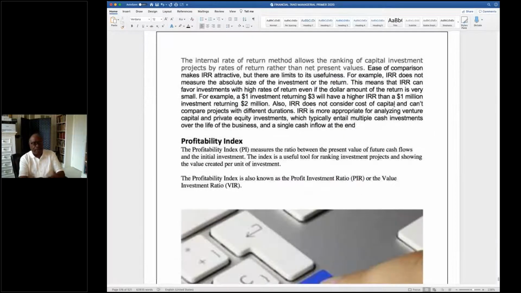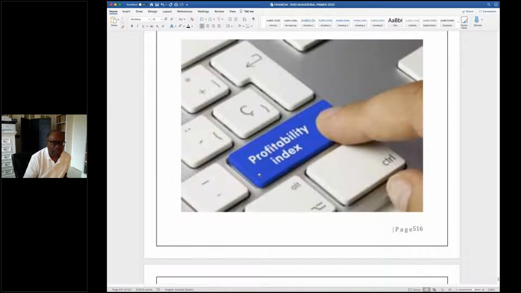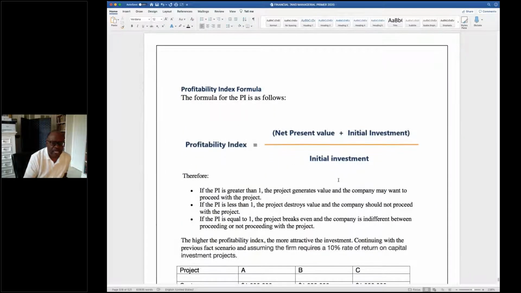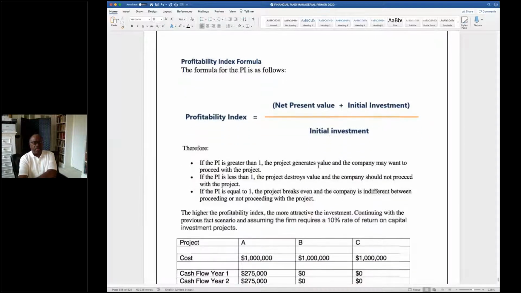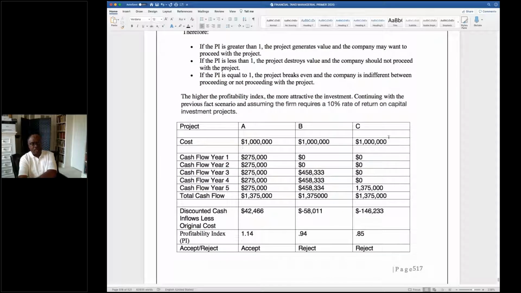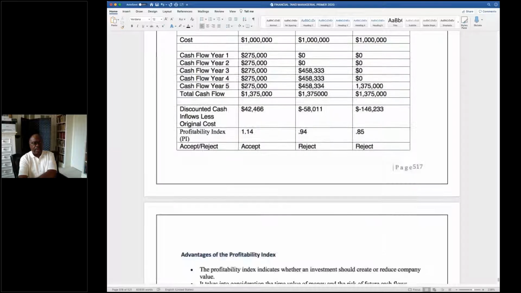And then we have the profitability index method, which is sort of a combination of those two, where we calculate an index. We look at our net present values plus the initial investment and divide it by the investment, and the project has to have a value of 1 or higher before we would do it. So let's look at the same situation, cost $1 million, same inflows.